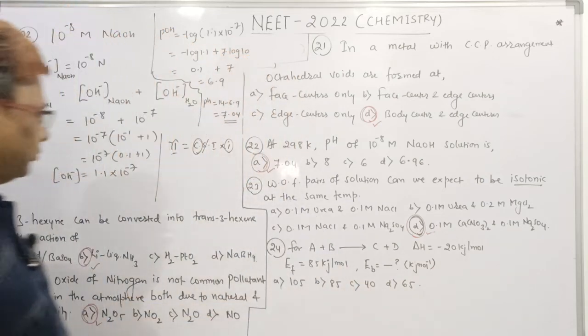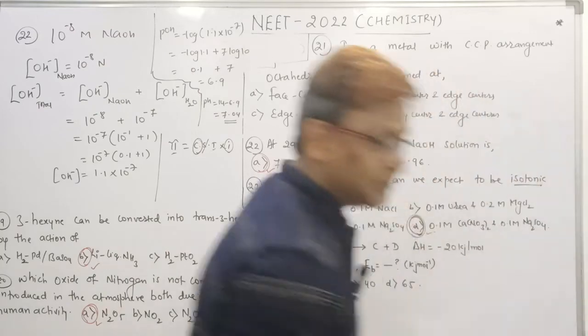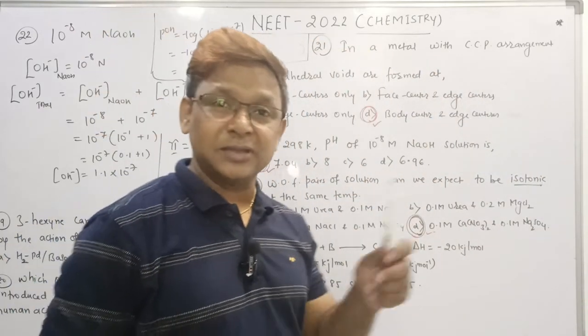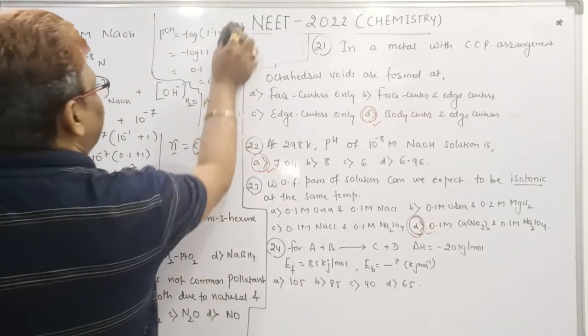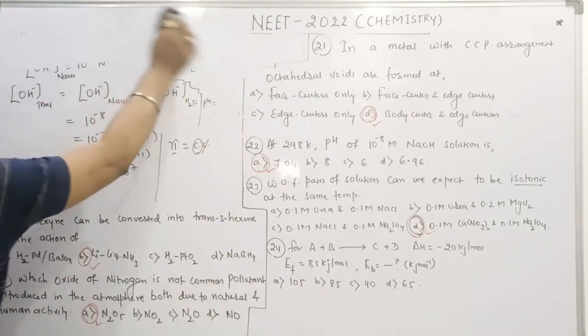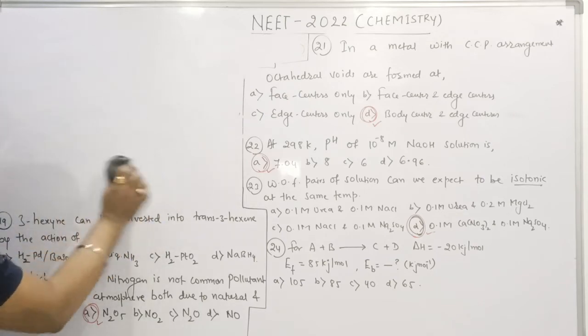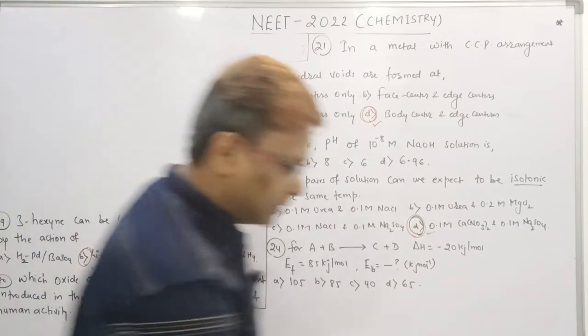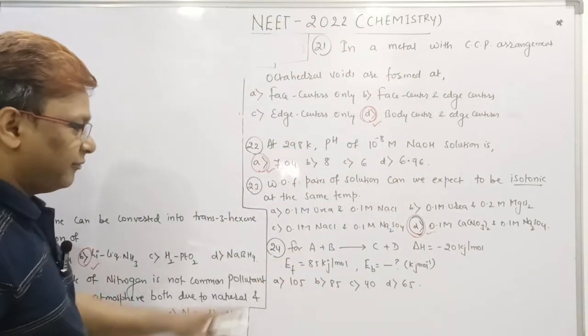Come to question number 24 now. A plus B gives rise to C plus D. This is from chemical kinetics, the last topic, collision theory. They gave delta H, which is negative, so the reaction is exothermic.